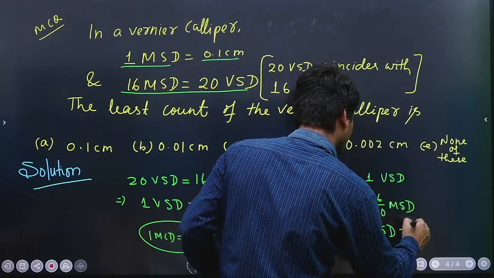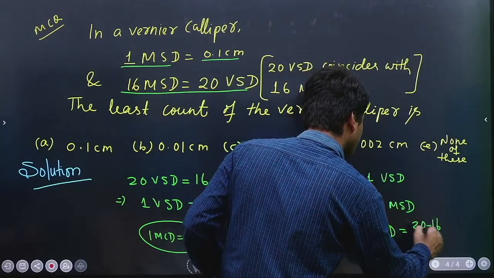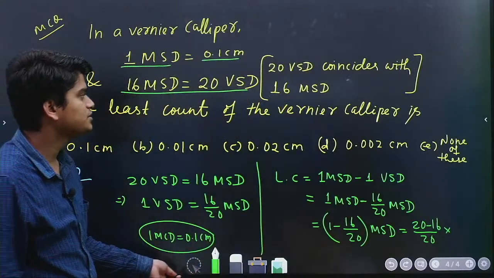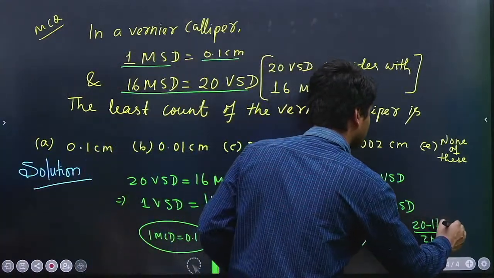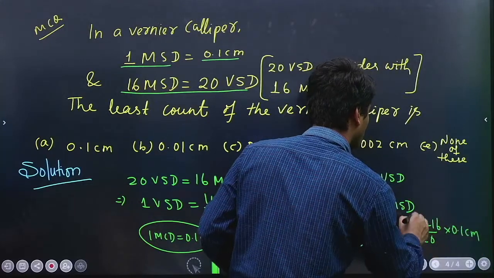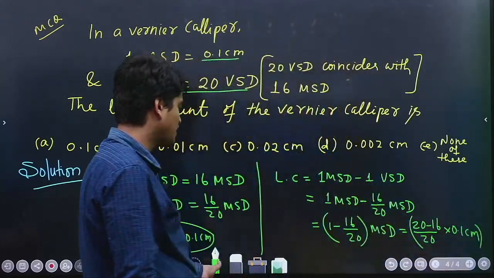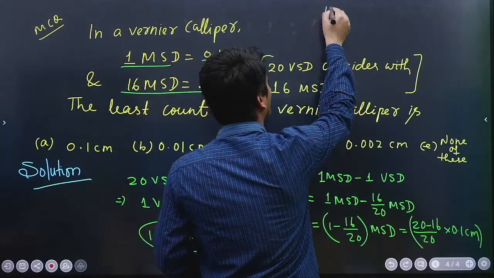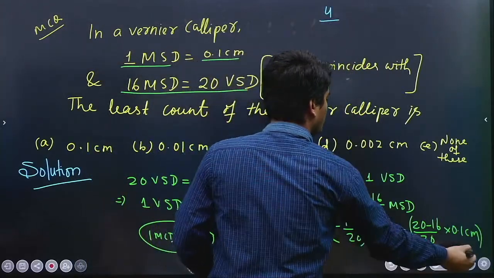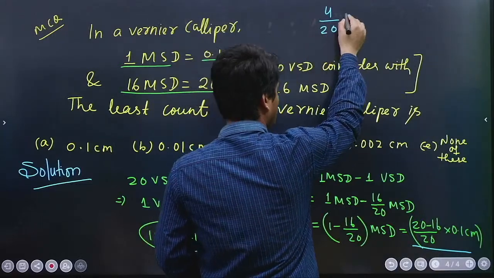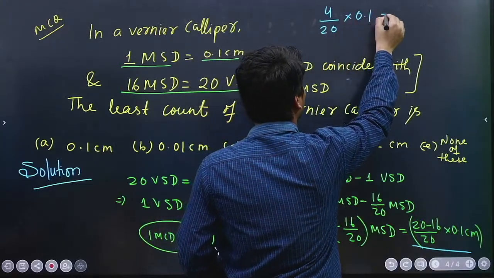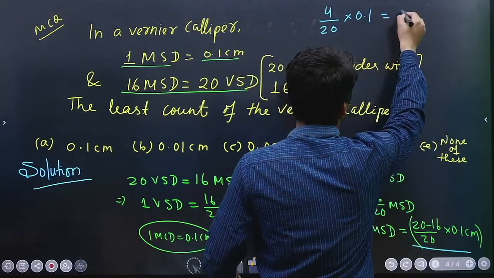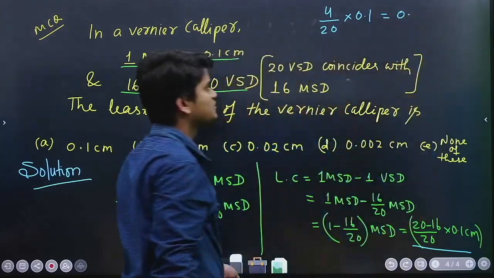Now see here. 20 minus 16 by 20 and 1 MSD how much? 0.1 centimeter. A multiplication division you know or not? Childhood days. Calculate. Okay, how much it is? 20 minus 16 means 4 by 20 into 0.1. Calculate here. How much coming? 0.